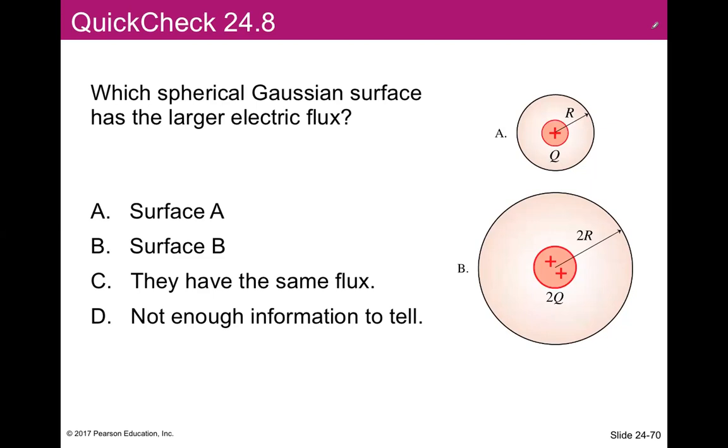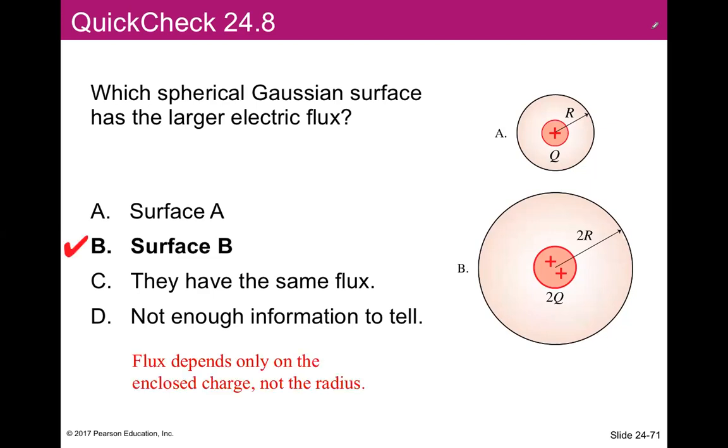Did you get your answer? Okay, now let's see. So who's going to choose A or B or C or D? Excellent.